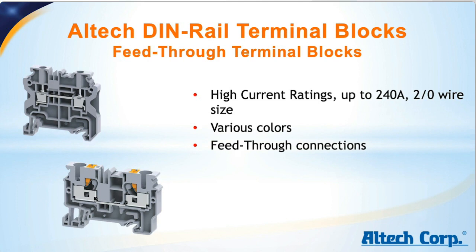The different colors exist to differentiate maybe different voltages, different amperages, different components that are connected to it. Neutral wires, for example, usually have a blue terminal block. Also, the highest available feed-through terminal block with Altech is a 240 amp terminal block, which can connect up to a 2-aught wire.